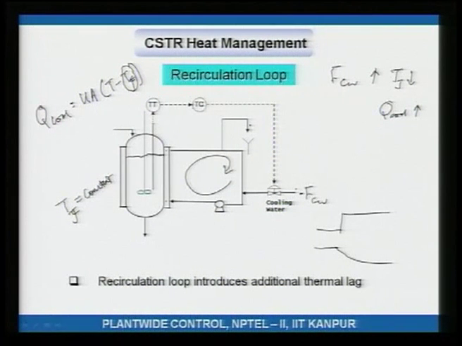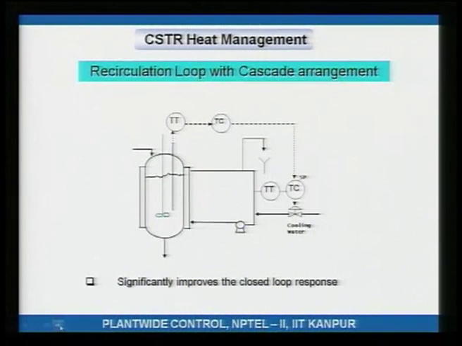To speed up the response, what is done in industrial practice is that you control the jacket temperature by adjusting the cooling water flow, and if the reactor temperature is increasing, this master controller, the reactor temperature controller, is the master loop, and this one is the slave loop.